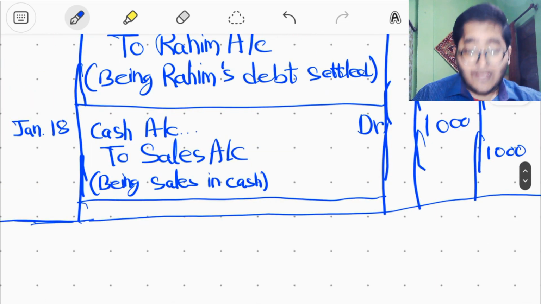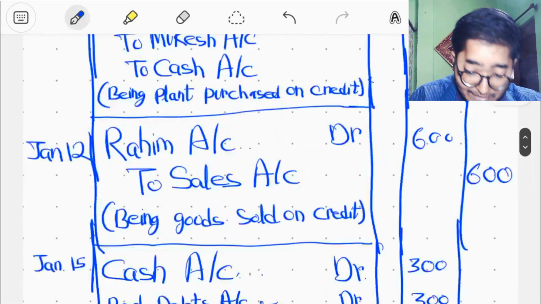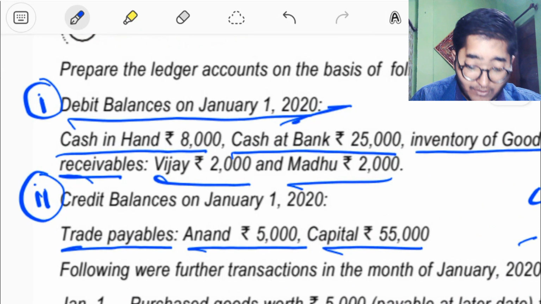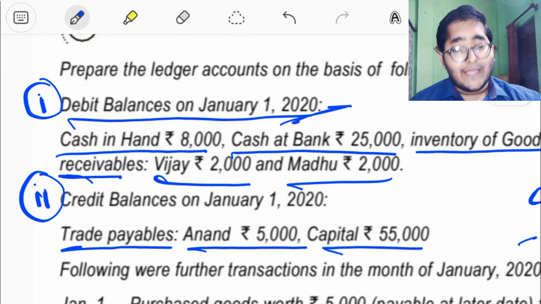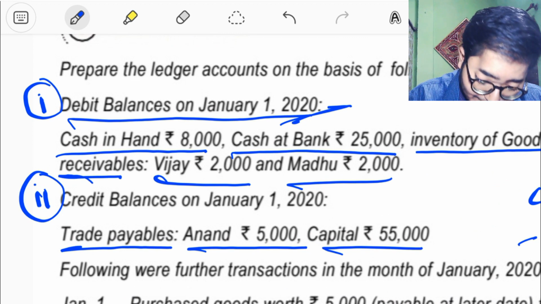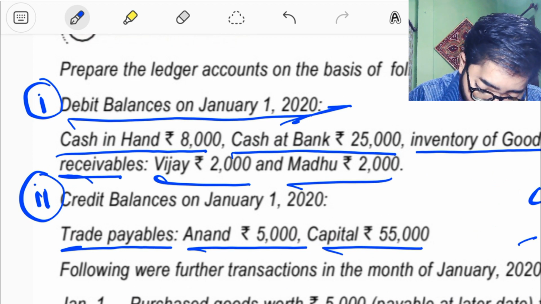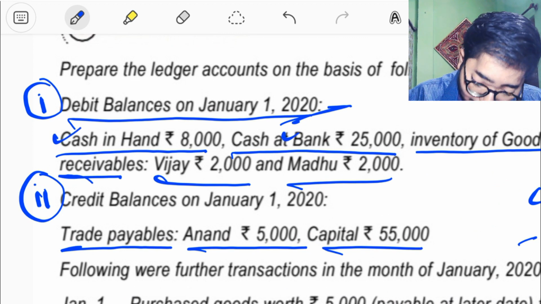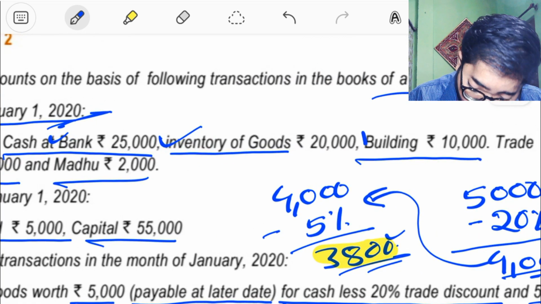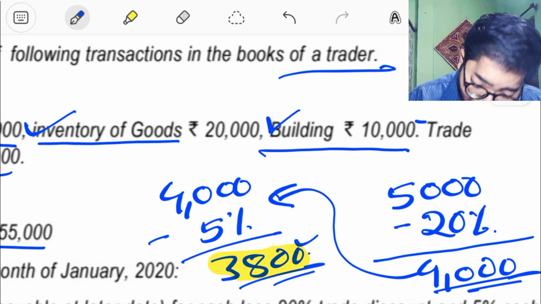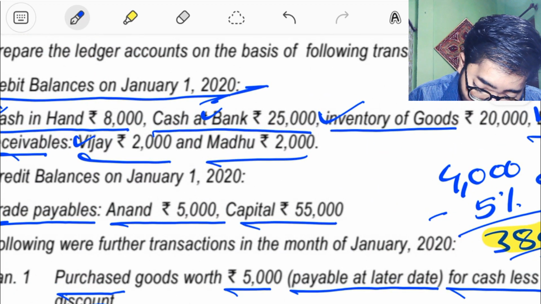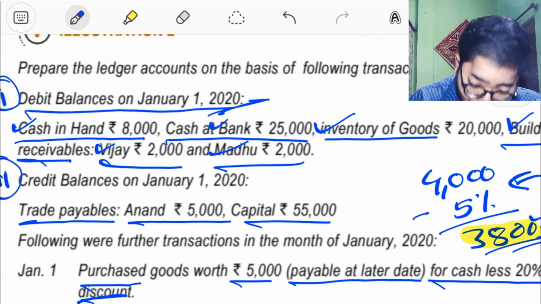So, an easy trick to make ledger accounts: we must count the number of accounts that are needed. And if any other account is added, we must make this. So, our first account, cash, then bank number 2, 3 inventory, 4 building, 5 trade receivable for Vijay and Madhu, that is 6 accounts.